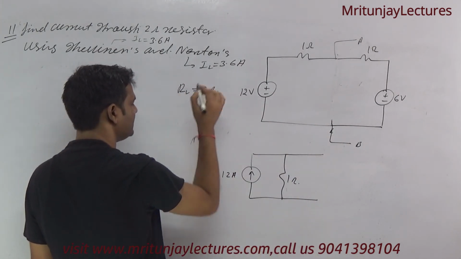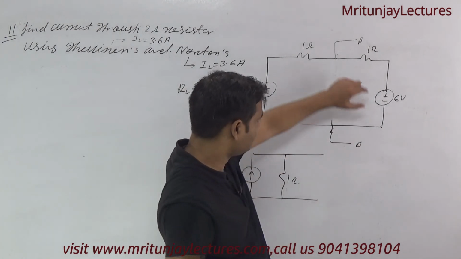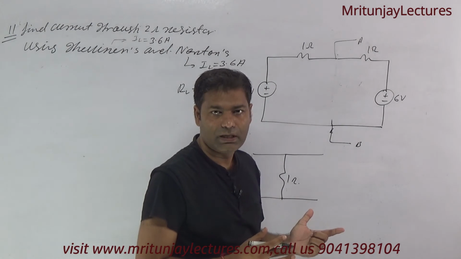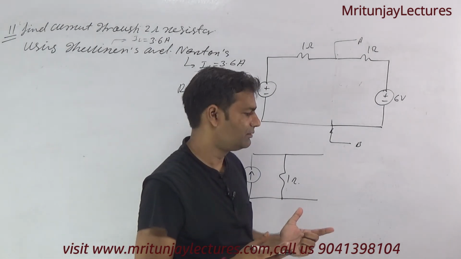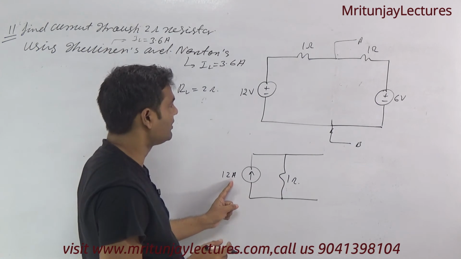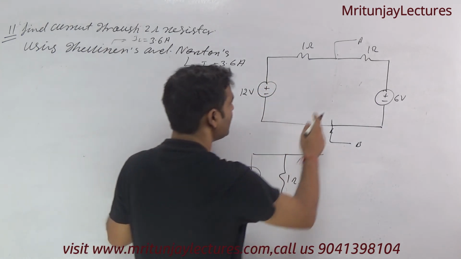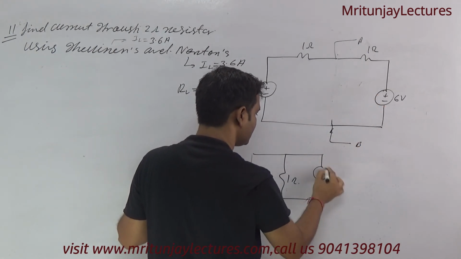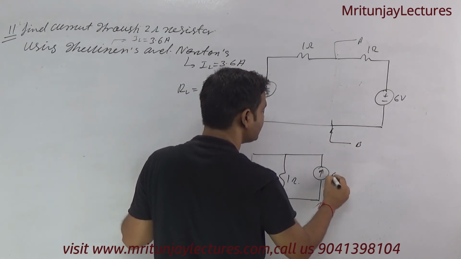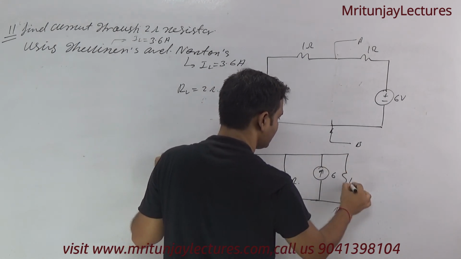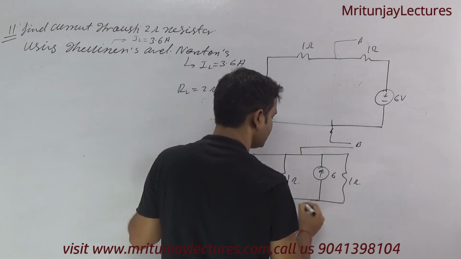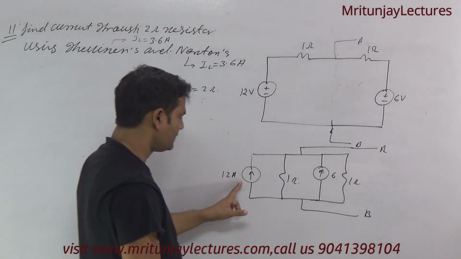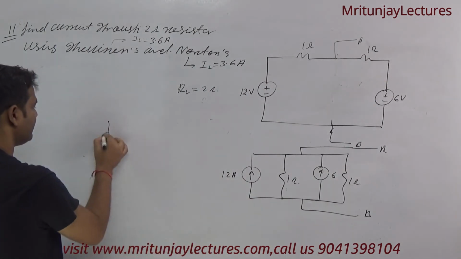RL is 2 ohm. If you want to make the whole equivalent, this is converted into RTH and VTH. So that is 12 and this is 1 ohm. If again this is converted, 6 by 1, that is 6, and that is 1 ohm. That is A and that is B. 18. Very simple.